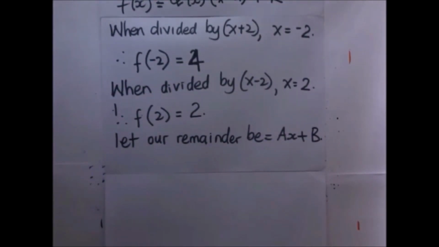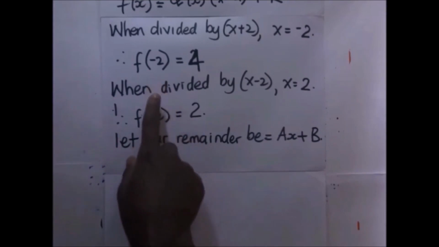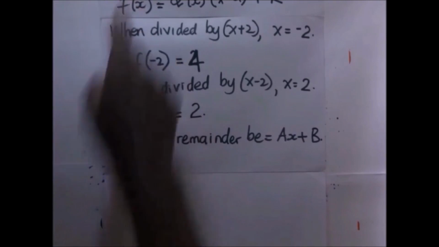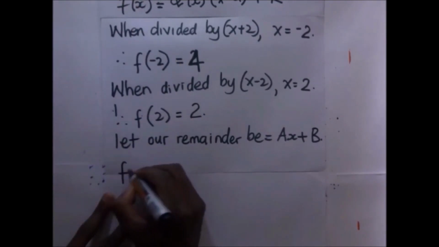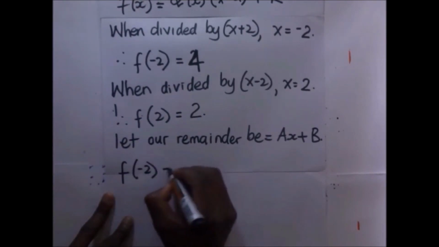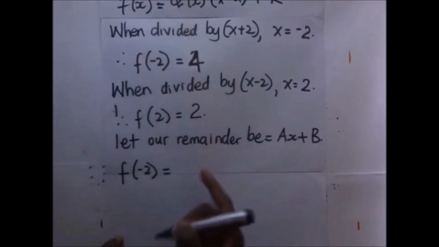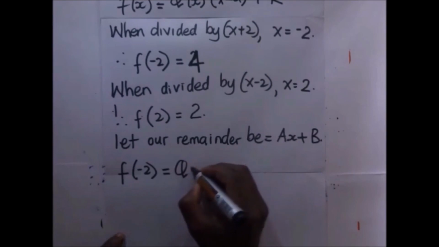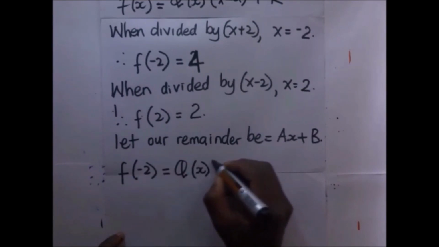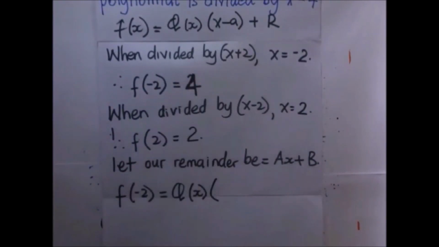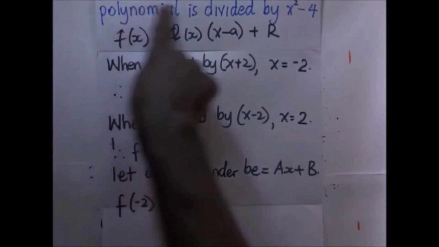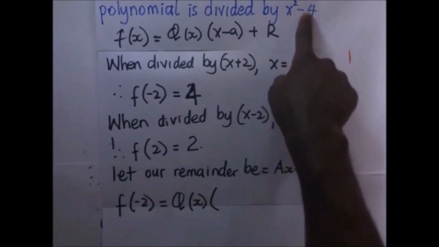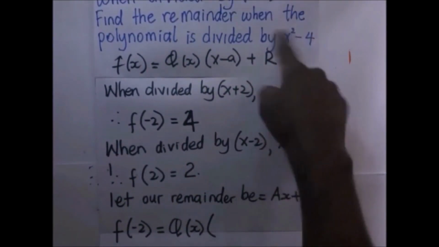So we begin. When we put our value of negative 2 there, that's going to give us the quotient times the divisor. They are telling us to find the remainder when the polynomial is divided by x squared minus 4, so that is going to be our divisor.